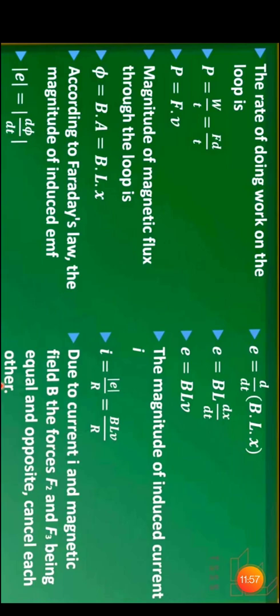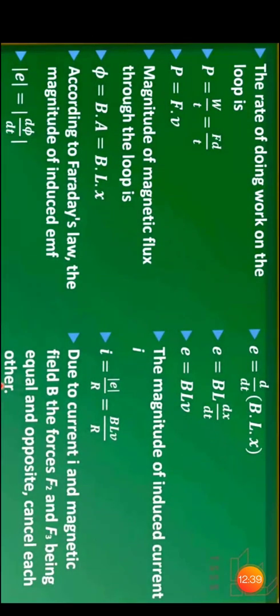Now put the value of phi as BLX. Then we get E is equal to BL into dx upon dt. Now dx upon dt is nothing but displacement with respect to time, which is the velocity definition. Therefore, E is equal to BLV.